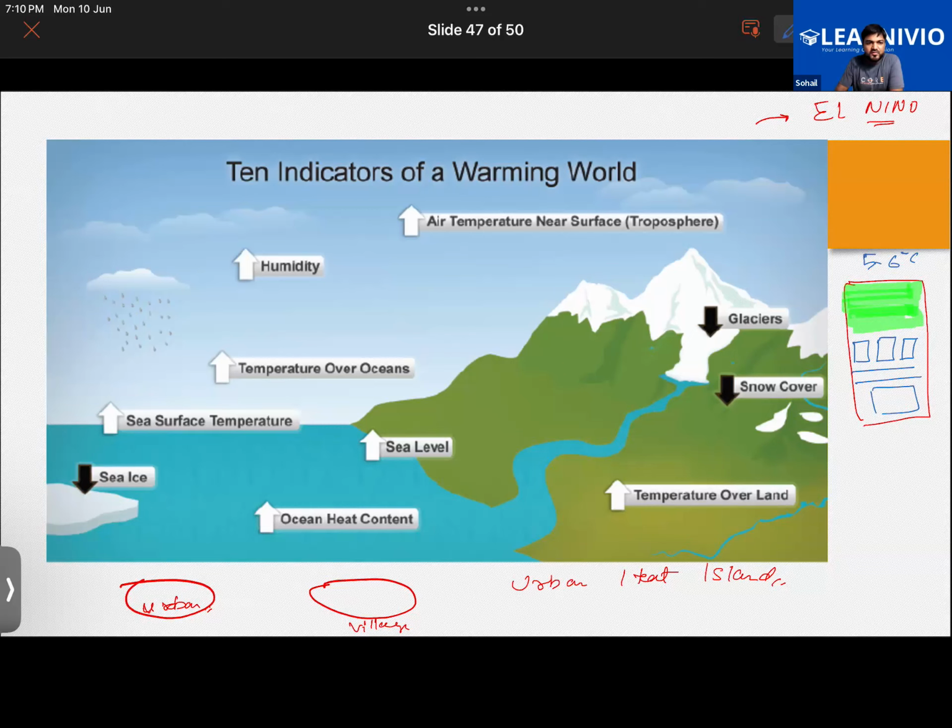Also, over the last 4 to 6 decades, we have heard lots of things in the media from governments and the United Nations about climate change, and billions of dollars are being invested. Lots of campaigns are going on, but how much work has been done on the ground?